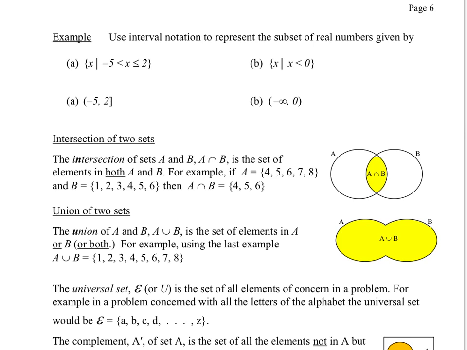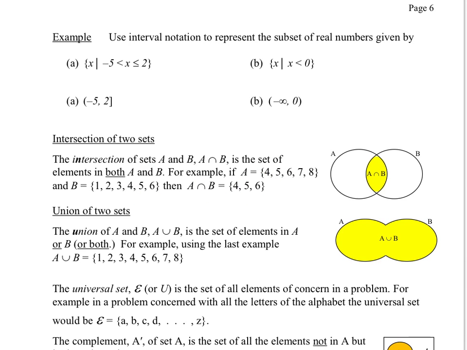Now you might remember from doing sets in previous years, perhaps in other courses, there's something called the intersection of two sets. Basically, if you're in the intersection, you're in A and also you're in B. So if you think about these two sets, A and B, the only numbers that are in both sets are these ones. 4, 5, 6 is there, 4, 5, 6 is here.